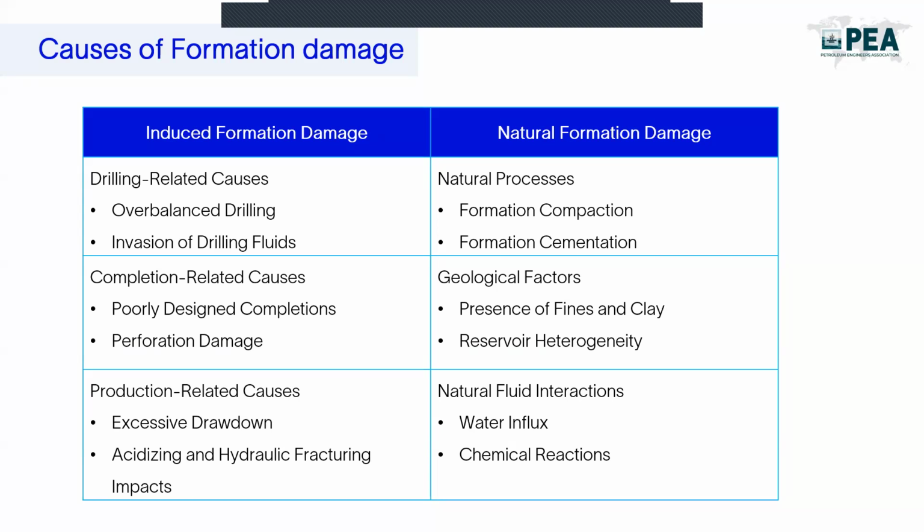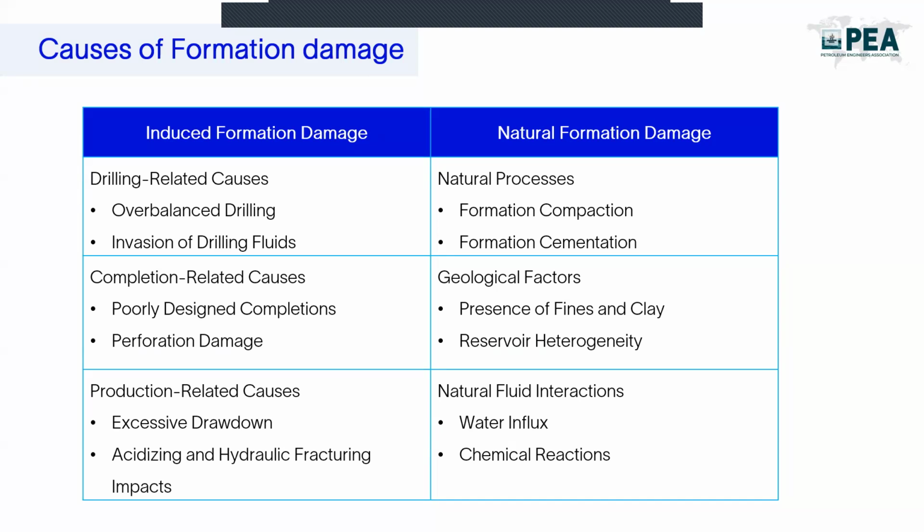So these are the most common formation damages caused by our operations or human factors. Now let's move on to the other sort of cause of damage, which is natural formation damage.